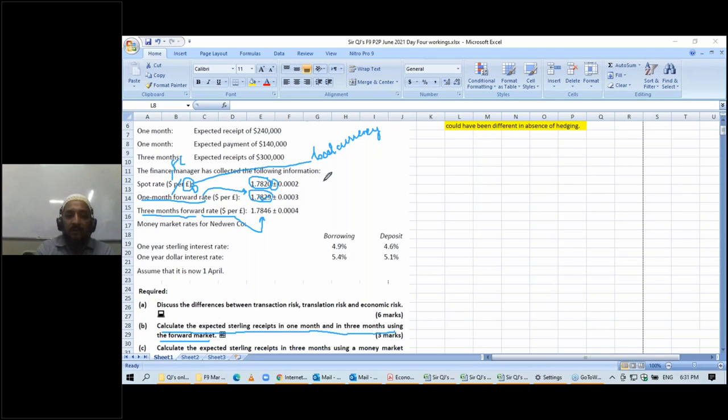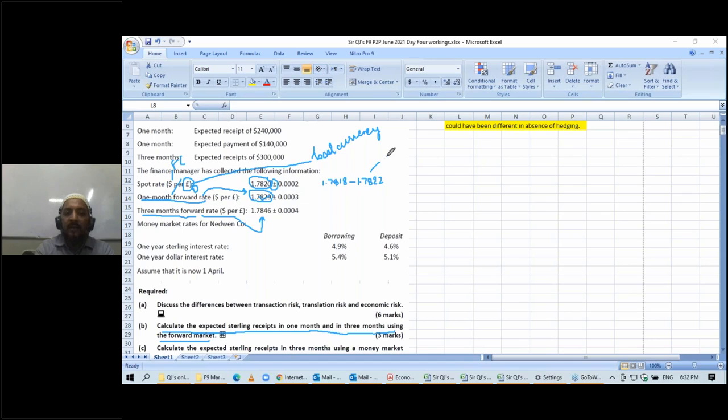Means the spot rate is 1.7818. Deduct 0.0002 from 1.7820, and then one time add it, 1.7820 plus 0.0002 is 1.7822.